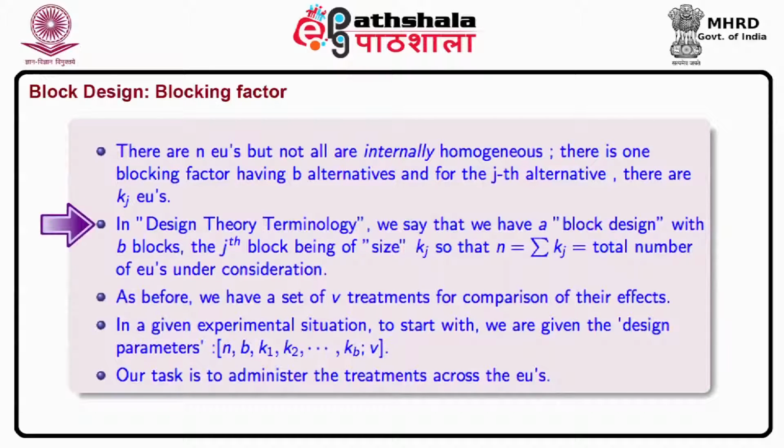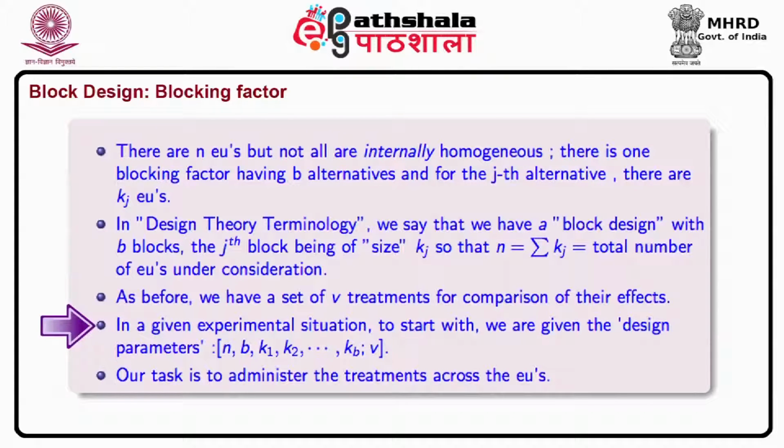In design theory terminology, we say that we have a block design with B blocks and the jth block being of size kj, so that n is equal to sum over j kj, which is equal to total number of experimental units under consideration. Now, as before, we have a set of V treatments for comparison of their effects.